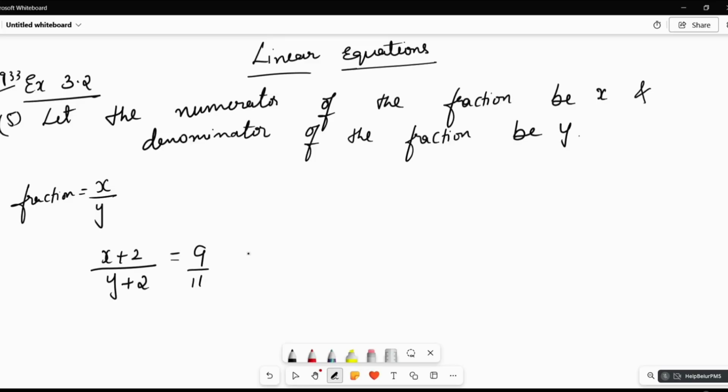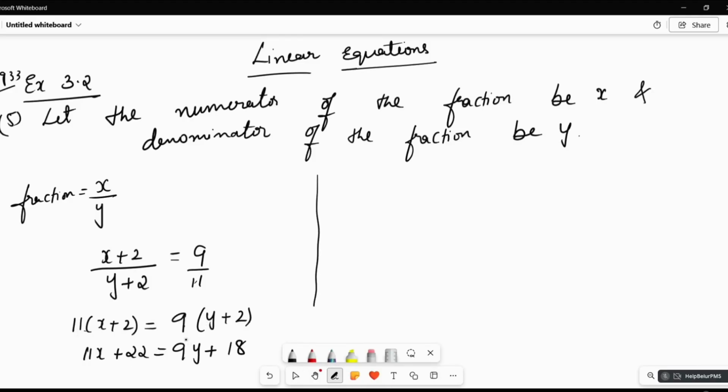The first equation, cross multiply. So 11 into x plus 2 will be equal to 9 into y plus 2. Simplify this. We will get 11x plus 22 will be equal to 9y plus 18, 9 twos are 18. So we get 11x minus 9y.